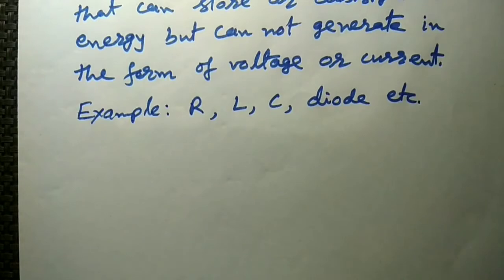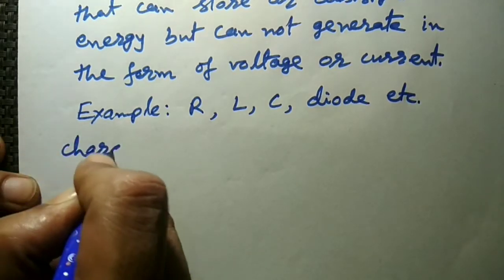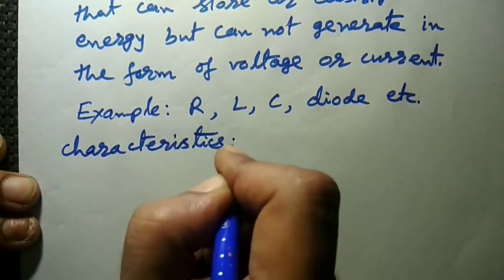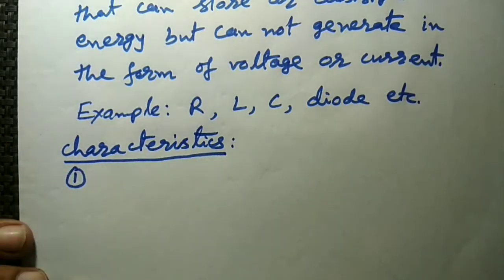There are some basic characteristics of the active and passive elements. If we want to discuss the characteristics, we can consider it as a comparison between active and passive elements also. The first one is that the active devices inject power into the circuit, whereas passive elements are incapable of supplying energy.